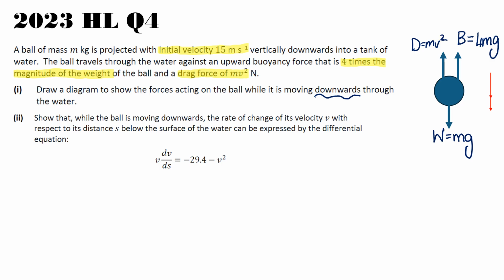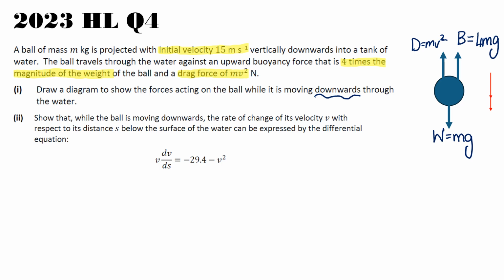Now notice how that initial velocity does not go on our force diagram because it's not a force. You can put it to the side if you like, but really that's just going to be needed later on in the question when we're setting up our differential equation. It's telling us what's initially happening for our velocity, so it is not relevant right now.